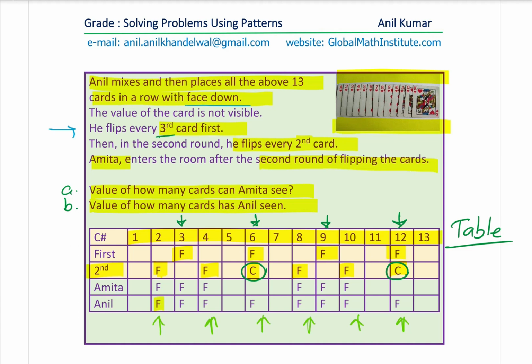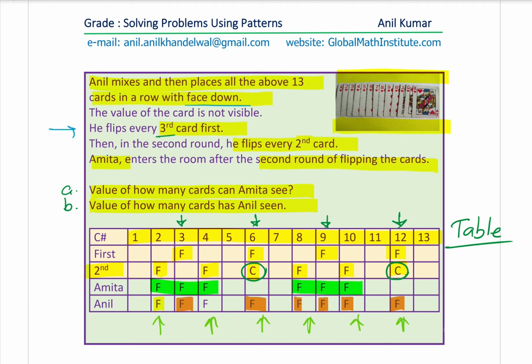So these were the cards which were not seen by Amita. Amita could only see these cards, which are 3 of these, and those 3 cards were open, right? So those are the cards which Amita saw. As far as Anil is concerned, he also saw in the previous turn these cards which were not seen by Amita.